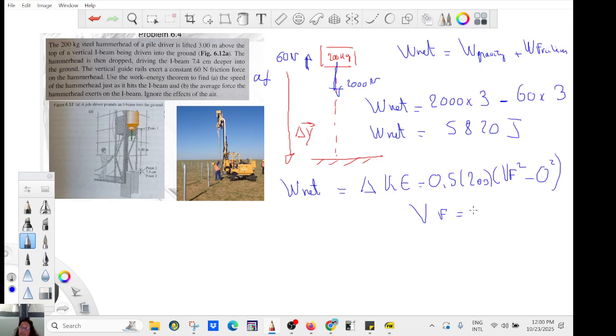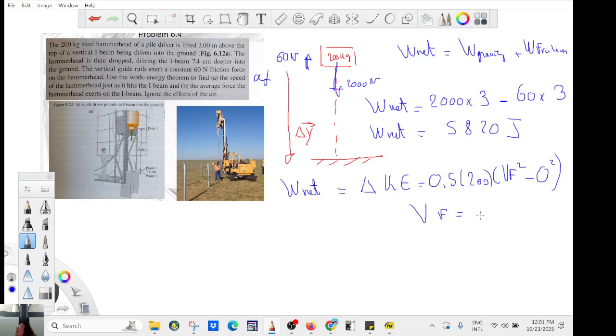Do it. Okay, are you taking your calculator? 5820, enter, divided by 0.5, enter, divide by 200, enter.